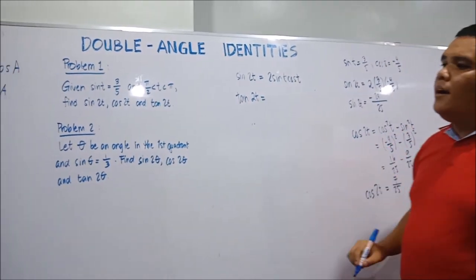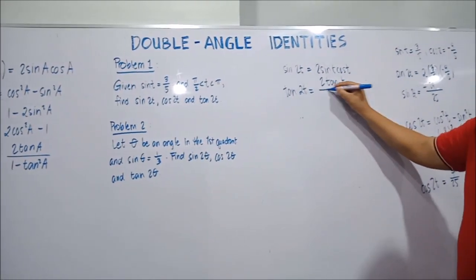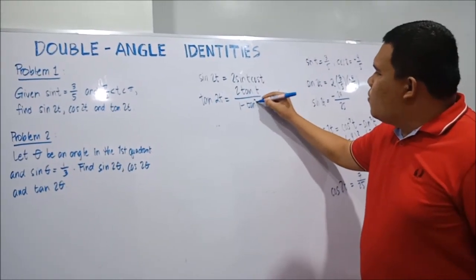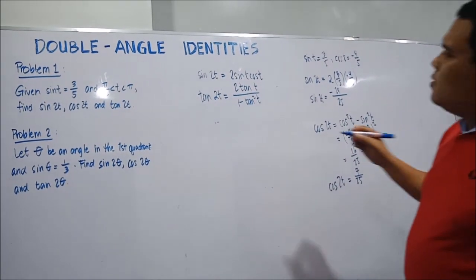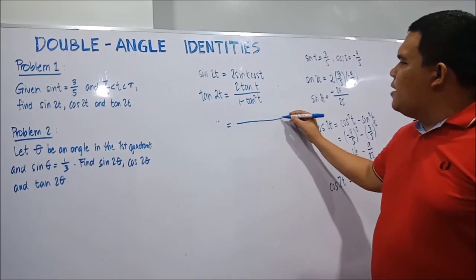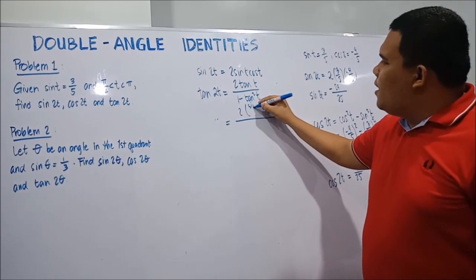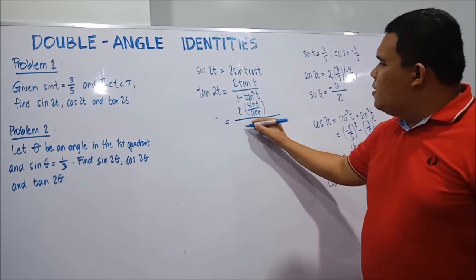Now for our tangent 2t. Tangent 2t is 2 tangent t over 1 minus tangent squared t. To make use of the identity for tangent, we can write tangent as sine t over cosine t.